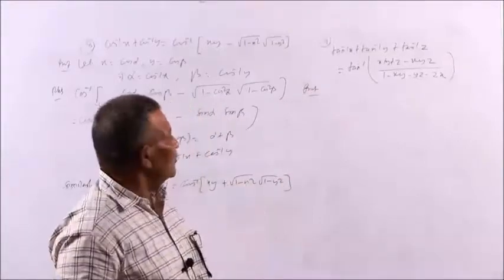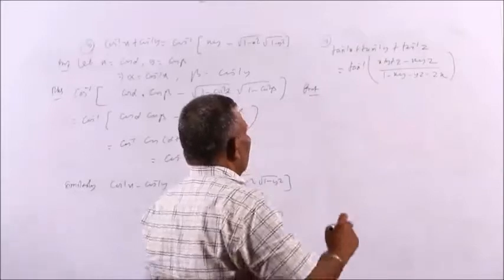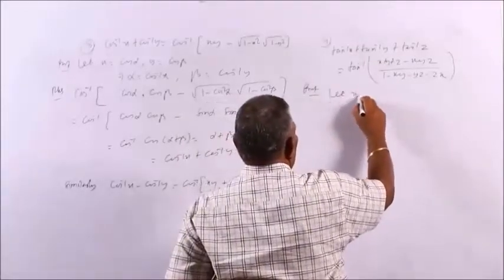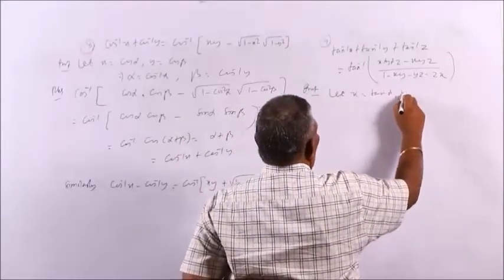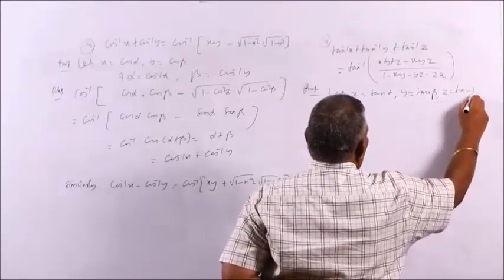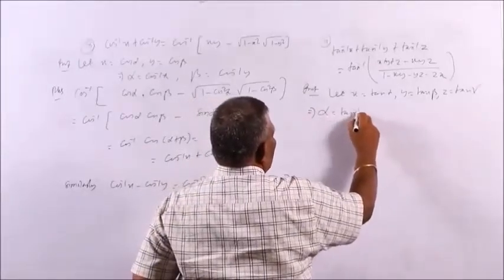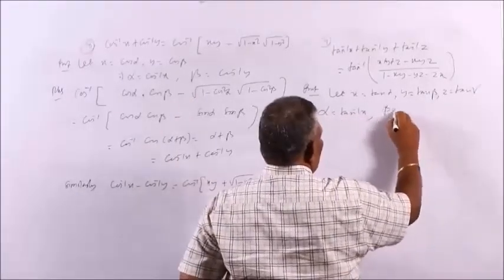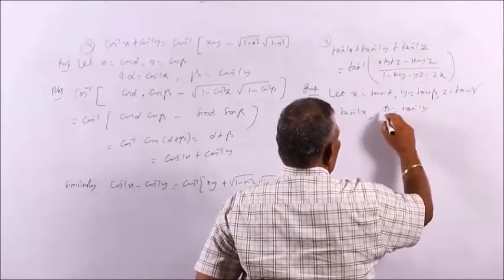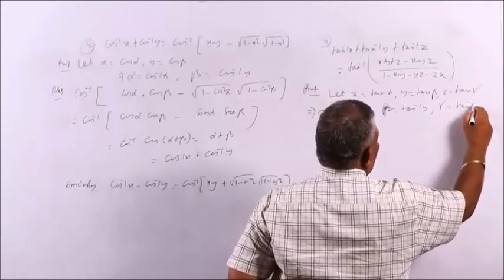Here three inverse trigonometric functions are involved: tan inverse x, tan inverse y and tan inverse z. Let x equal tan alpha, y equal tan beta, z equal tan gamma. That implies alpha equals tan inverse x, beta equals tan inverse y, gamma equals tan inverse z.